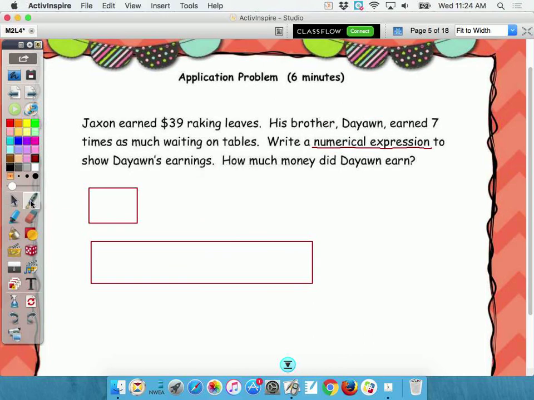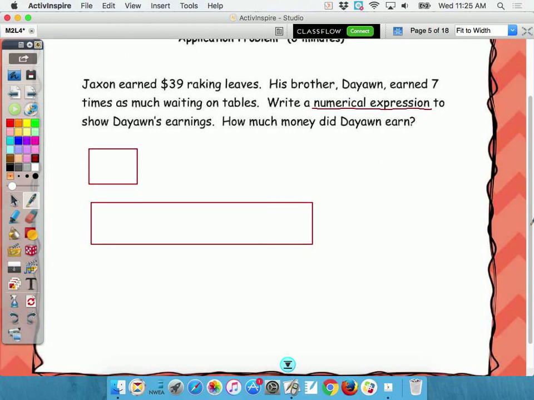So in solving this problem, what's the first step I need to do, Amy? What do you think? How much Jackson earned? Right, and I'm going to show his name with a J. And Dayon, go ahead and put your book away. Make sure you did this right, okay? Cooper, put your book away. And Jackson earned how much? $39, okay?